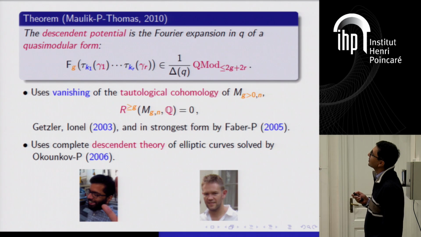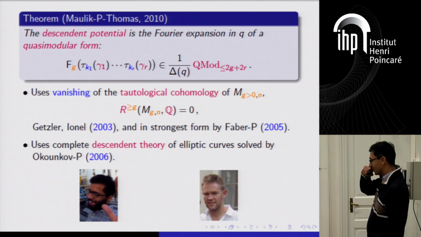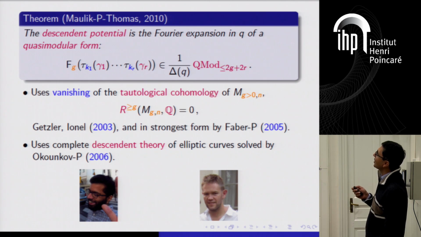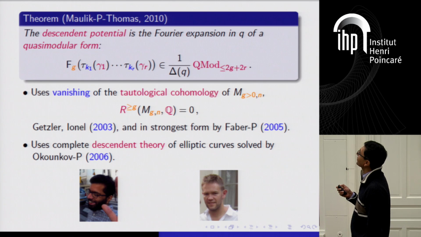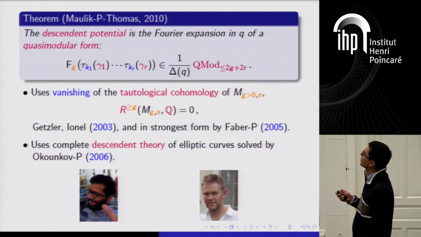And this theorem says that that infinite amount of data is actually given by a quasi-modular form of bounded weight. So this is finite dimensional, and then this carries the infinitely more q part. So it says that if you want to know exactly which quasi-modular form it is, not just that it's a quasi-modular form divided by the discriminant, then you have to do a finite amount of calculation. You have to calculate finitely many of these coefficients in order to figure out which quasi-modular form it is.